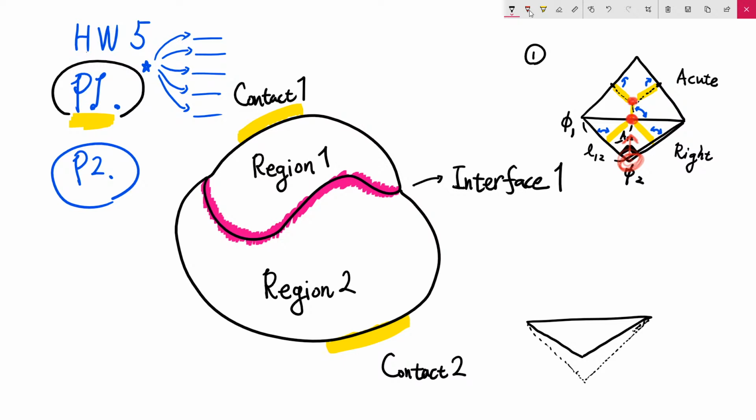Let's assume it this way. Certainly this one is obtuse. And think about another triangle.